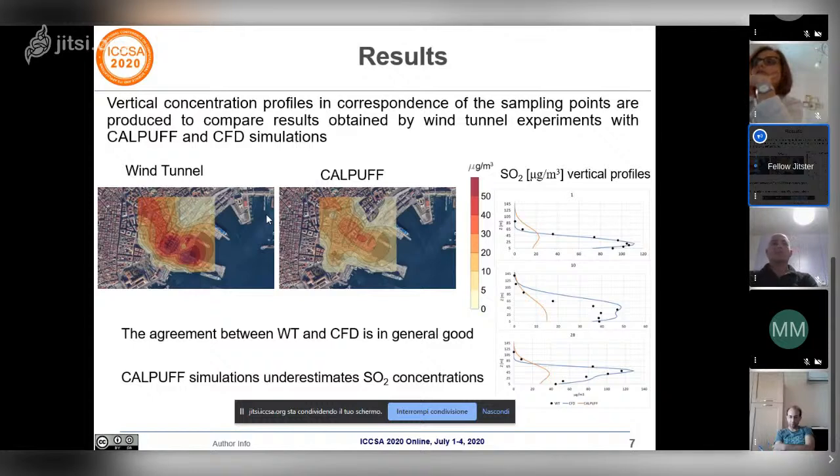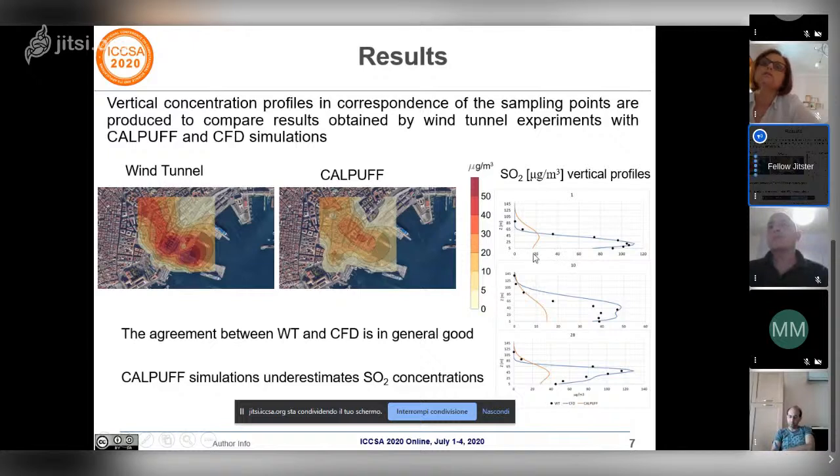Another result is the vertical concentration profiles compared between wind tunnel experiments, CALPUFF, and CFD simulations, on the right of this slide. As can be observed, there is agreement between the wind tunnel, the black points in these graphs, and the CFD simulation, the blue line in each profile.